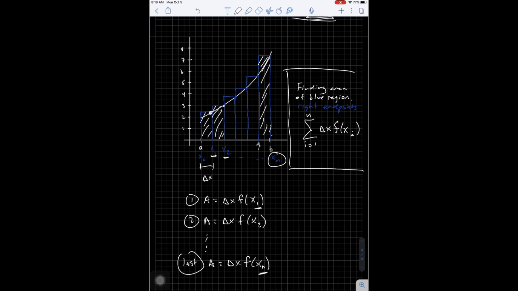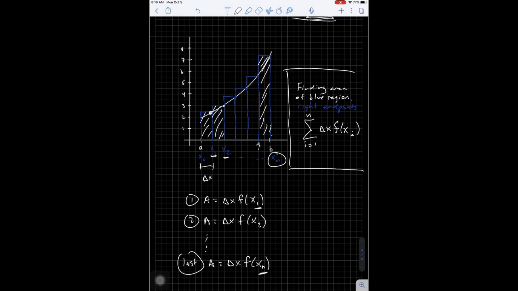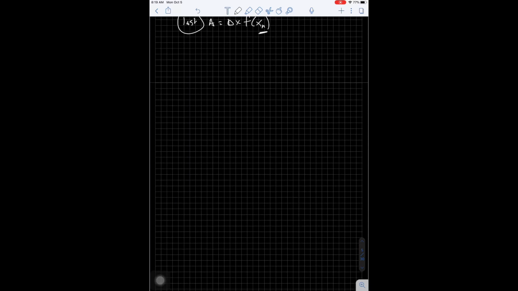Now, how does this work in a real life problem? In my experience, you can use these formulas. Sometimes I find it a little bit easier just to draw a really great picture. Okay, so let's do one. I'm going to approximate the area under the curve f of x equals 1 over x on the interval from 1 to 2.